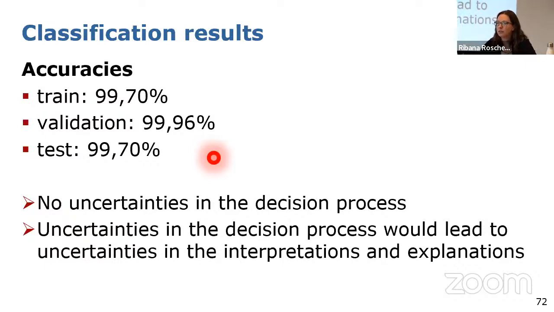So this is how we know that our network is able to distinguish between these patches. The intention was that we do not want any big uncertainties in the decision process, because uncertainty in the decision process would lead to uncertainties in the interpretation and explanation. We can go there at some point in the project, but for now, we want to rule this out.